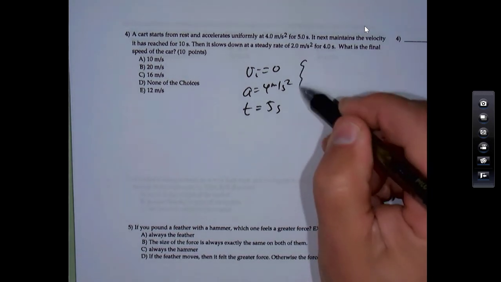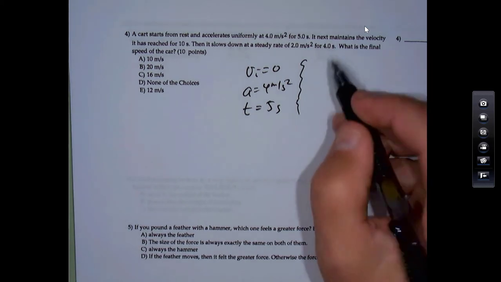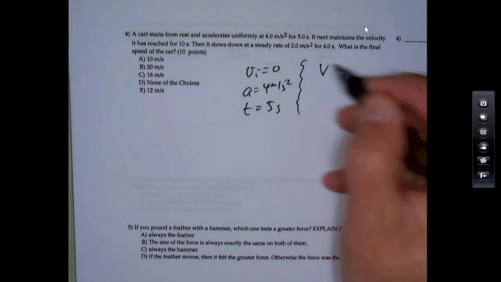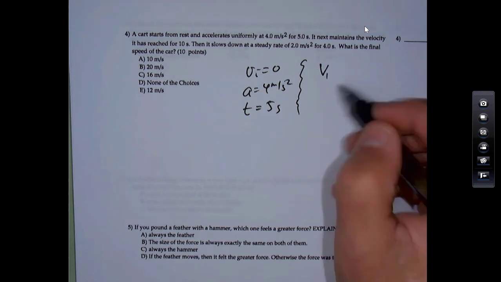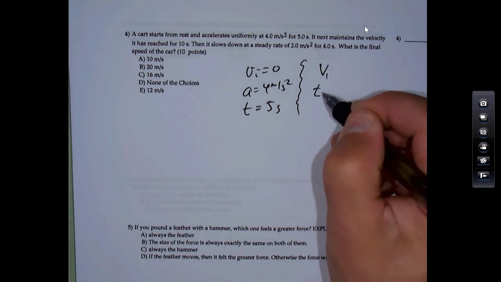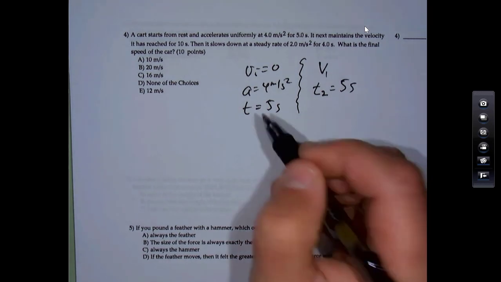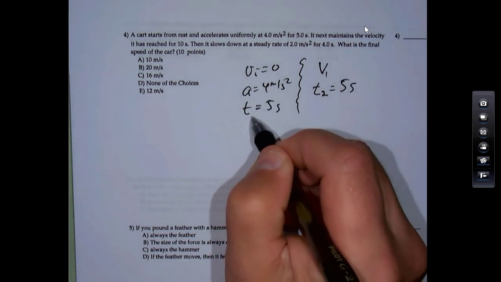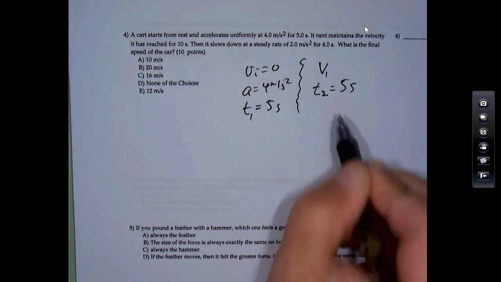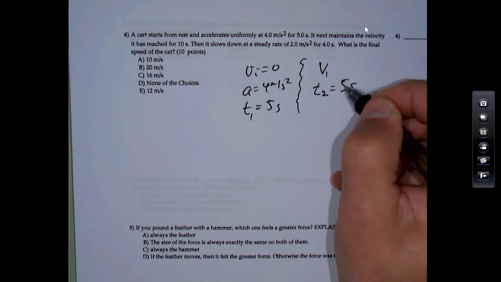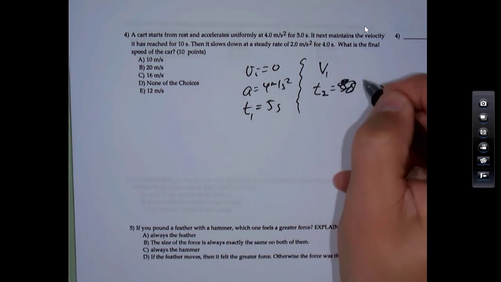Okay, so however you want to organize this, I'll just call this V1. And the time here is for 5 seconds. So we're going to have to distinguish this. Maybe this could be T1 then, since I'm calling this one T2. Actually, it was 10 seconds, not 5.